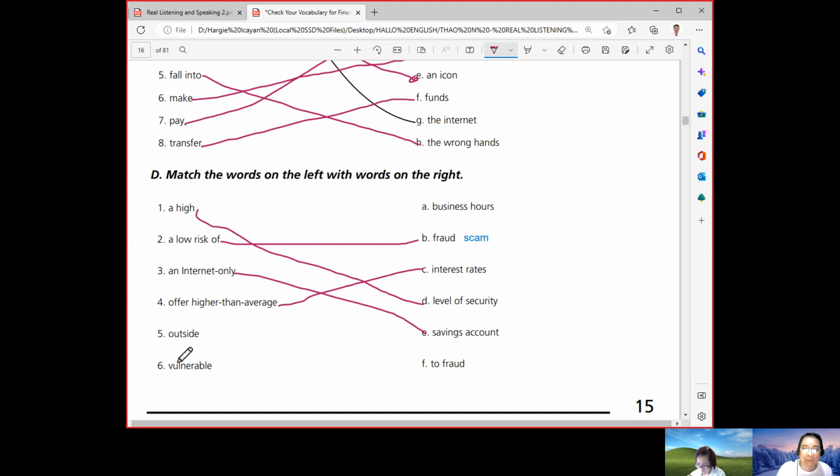Next, number 5: outside business hours. Business hours should be 8 hours a day. Here in the Philippines, our banks operate from 9 in the morning until 5.